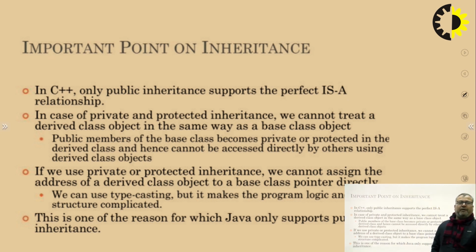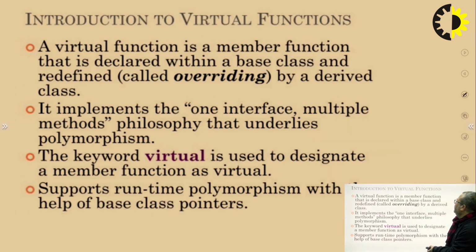If you inherit a base class privately, then even the public and protected data of the base class become private and you cannot access them by the object of that derived class. So these are all some points.